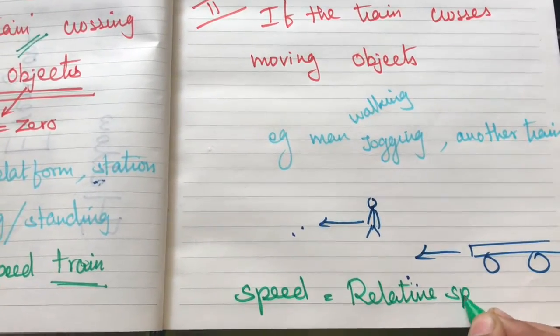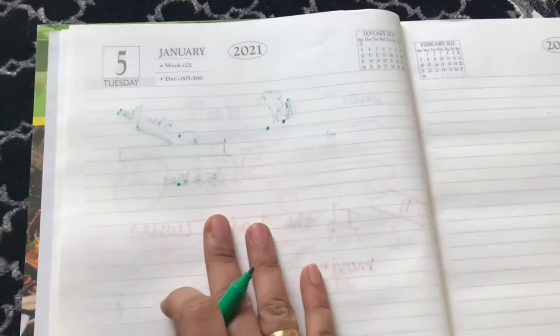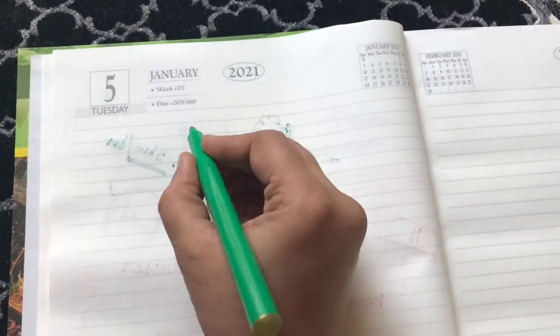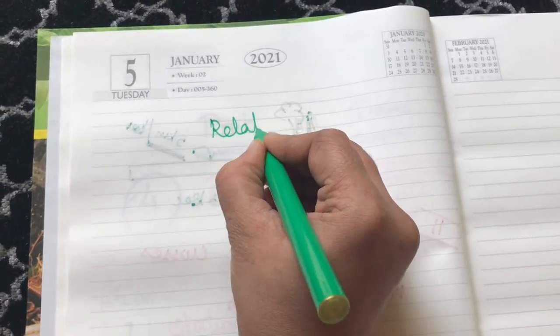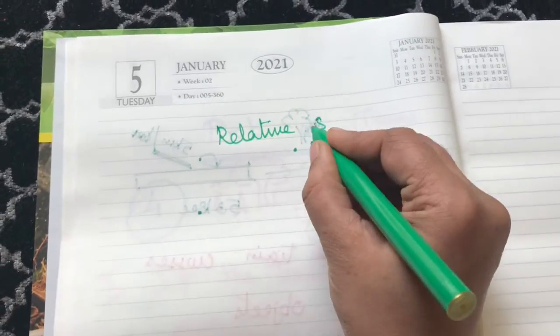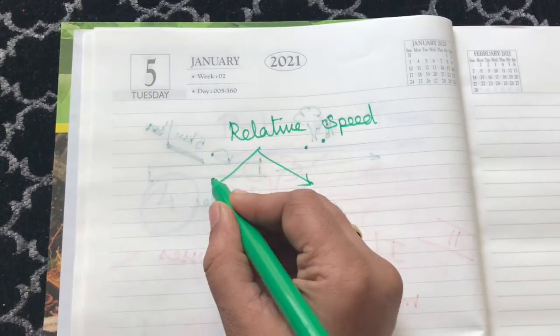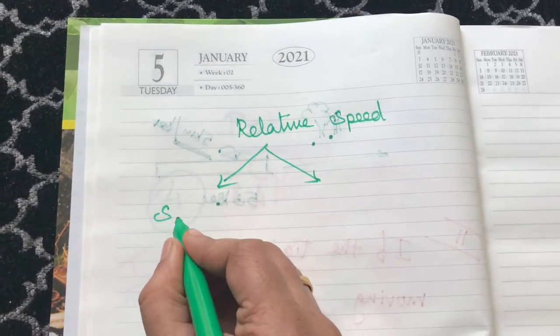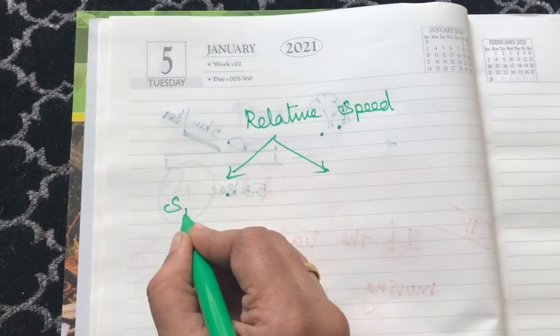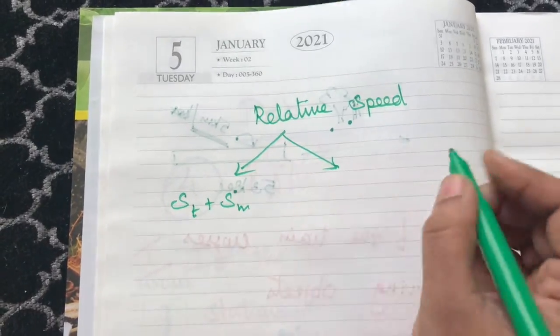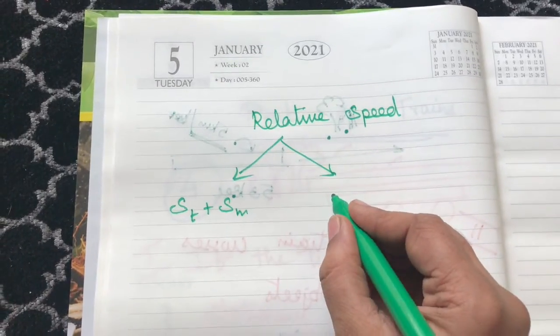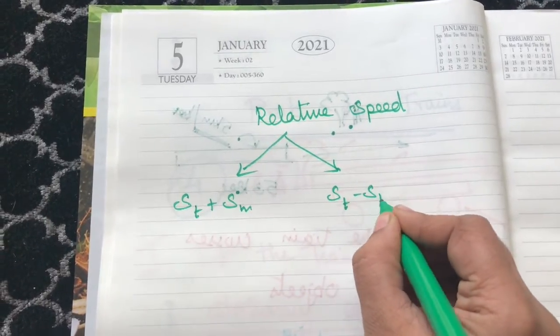What is that relative speed? Relative speed means two things: speed of train plus speed of man, or speed of train minus speed of man.